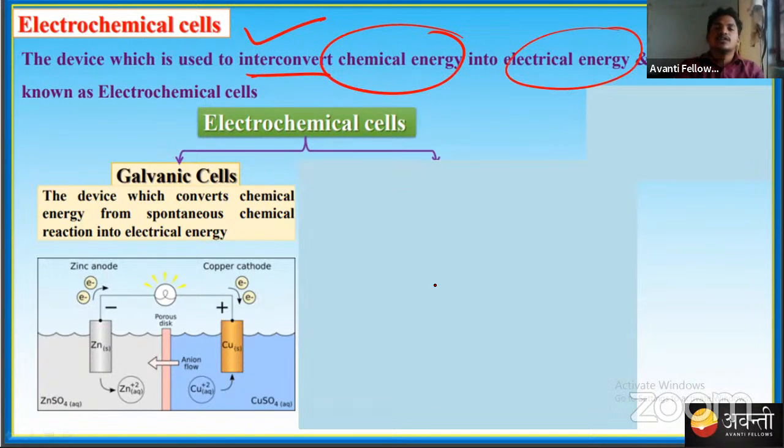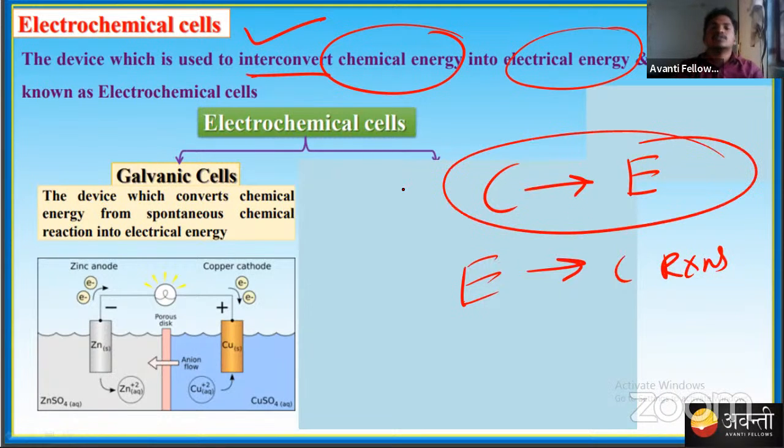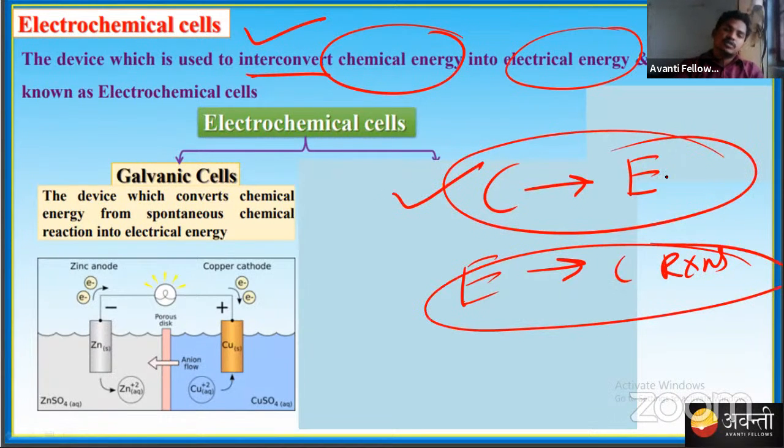That means you can use chemical energy to produce electricity, or you may use electricity to produce chemical reactions. So the basic definition of an electrochemical cell is that it is an energy conversion.